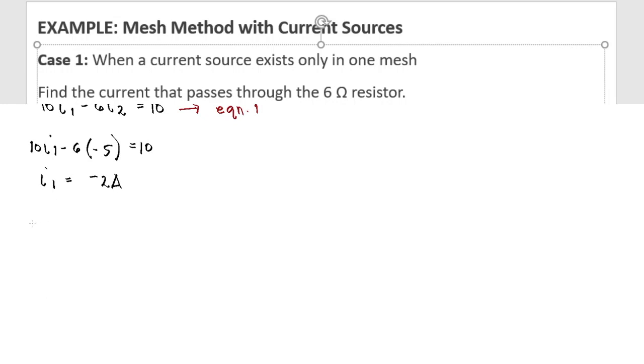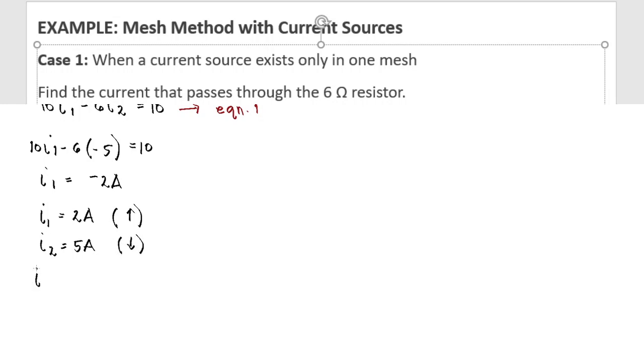Okay, so for I6, I1 is upward, 2 amperes, while my I2 is 5 amperes and it's downward, which is bigger. I2 is bigger.